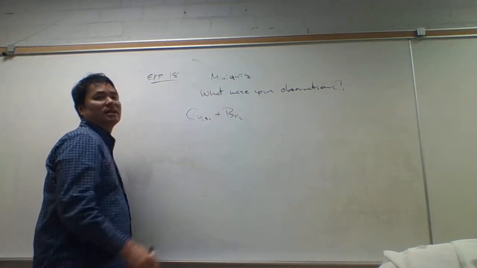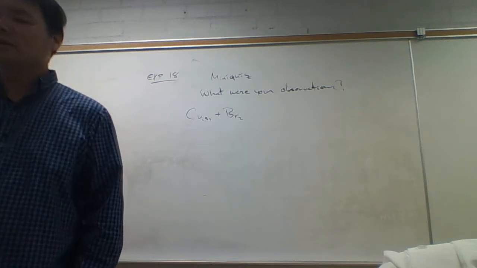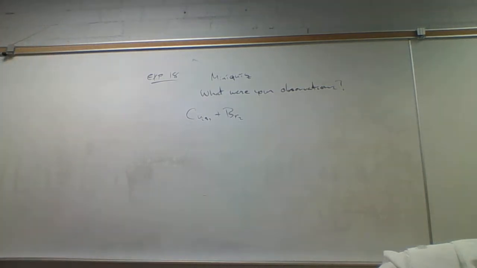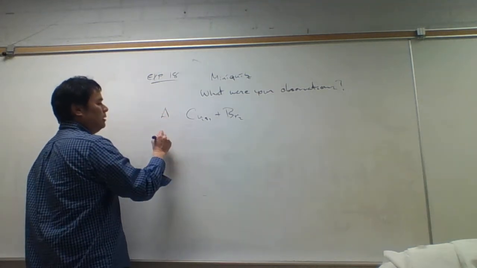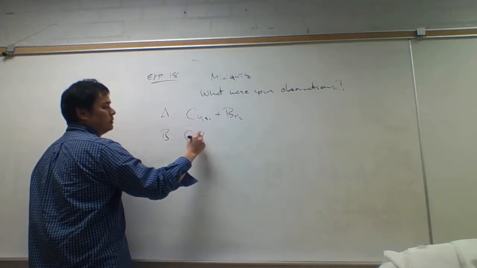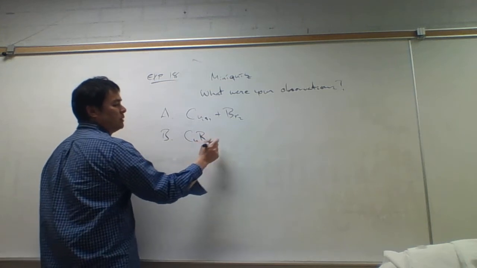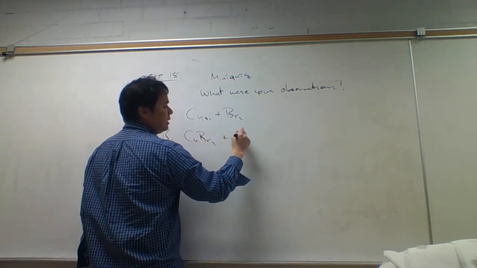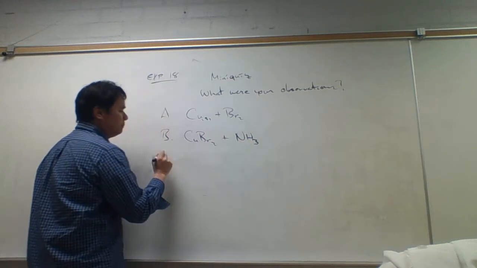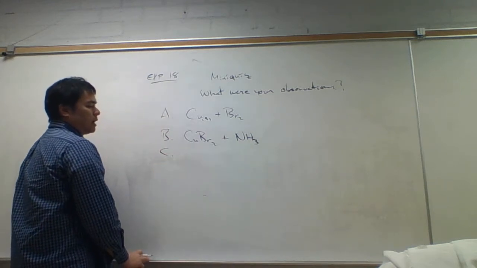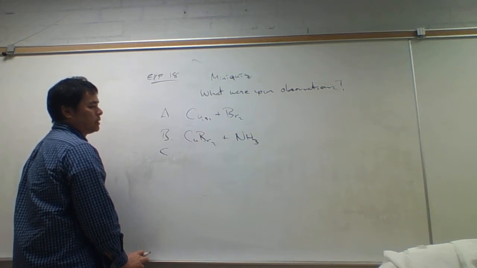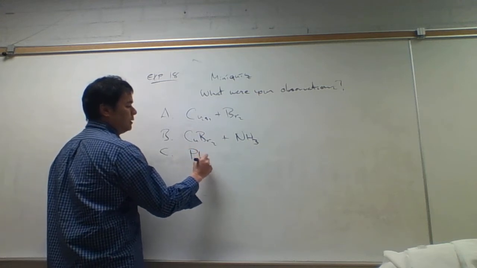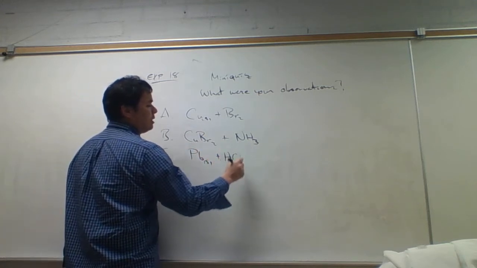Br2 aqueous is going to be a less powerful oxidizer than Br2 liquid, but it's still powerful enough, so we'll have it retain its position. The second reaction I want your observations for is CuBr2 plus aqueous ammonia. The third reaction is Pb solid plus HCl.